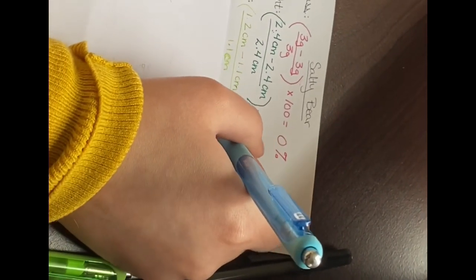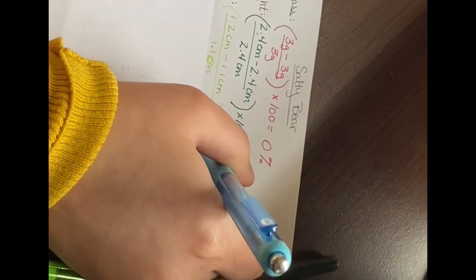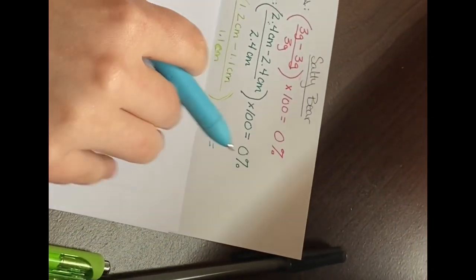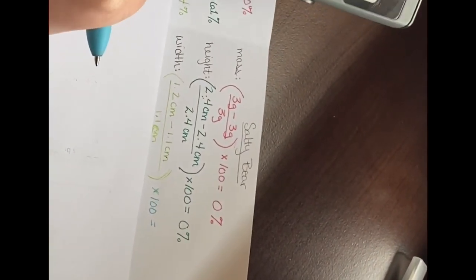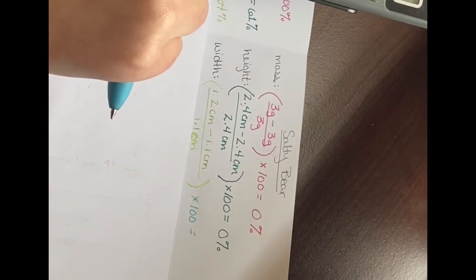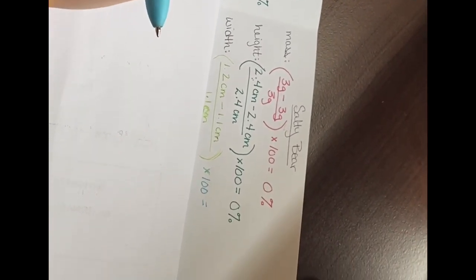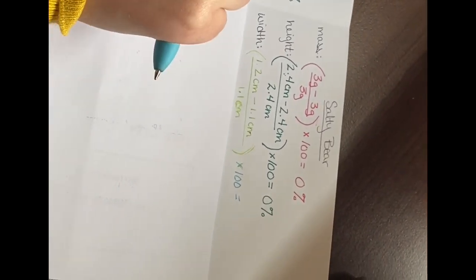So times 100. And then, so that ends up being, I can't do that math in my head. So that is 1.2 minus 1.1 divided by 1.1 times 100.